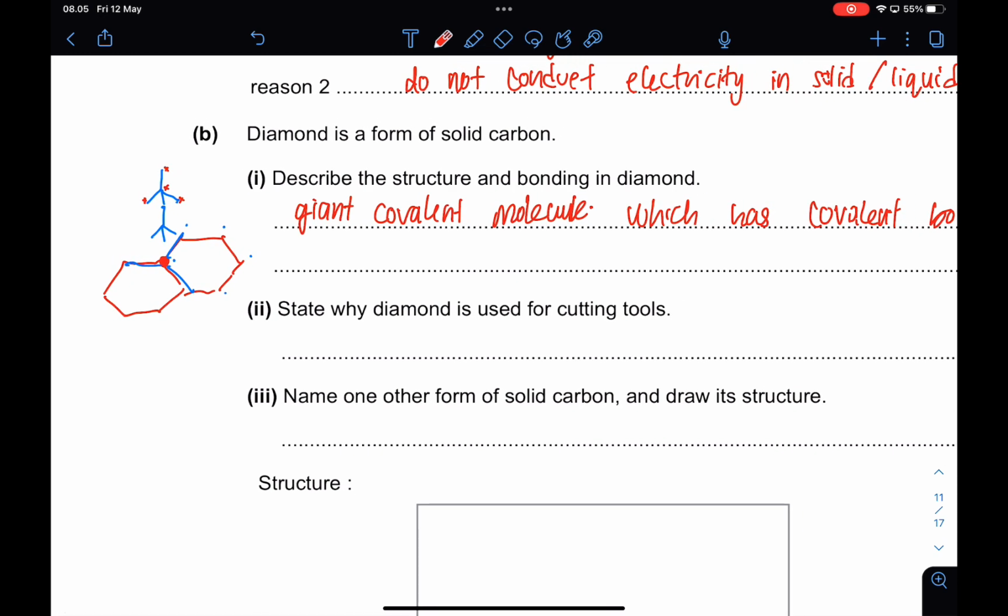Okay, so state why diamond is used for cutting tools. Because diamond is very hard and strong. To be exact, diamond is quite hard and strong, so it doesn't break easily.